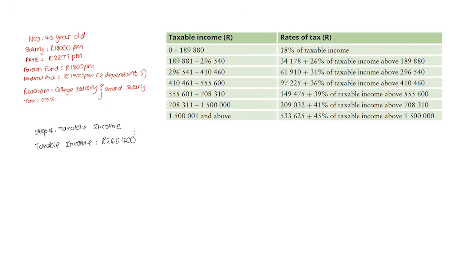According to the tax table on the right, we see that Neo's taxable income falls in the second bracket. And therefore, the following tax rate is applicable to Neo. We see that he will have to pay 34,178 Rand.